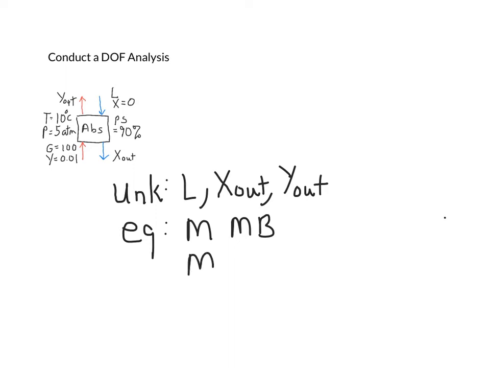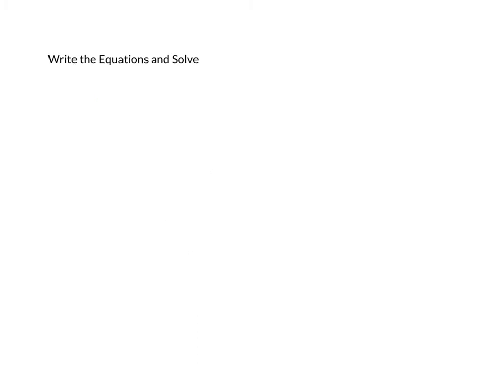There's the methanol equilibrium, and there's also the process specification, the 90% removal. So it appears that there is enough information to solve this problem. Since we have 0 degrees of freedom, we can just write down the equations and solve.